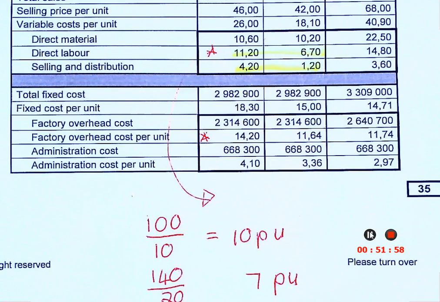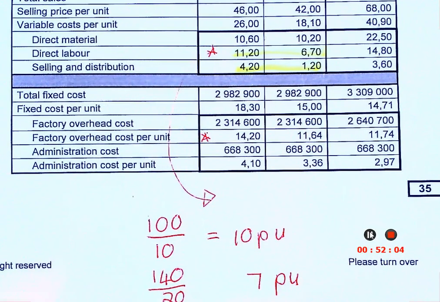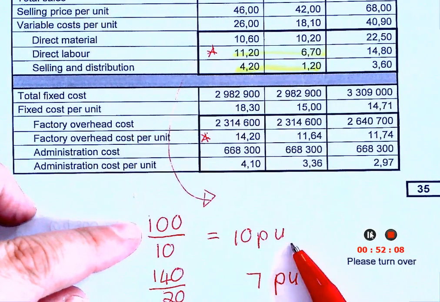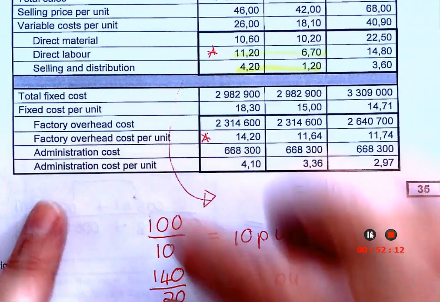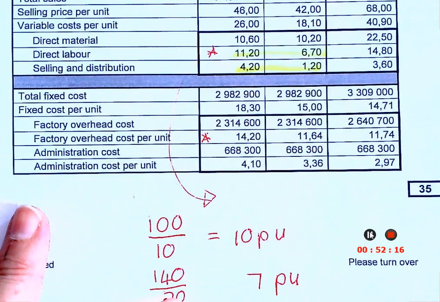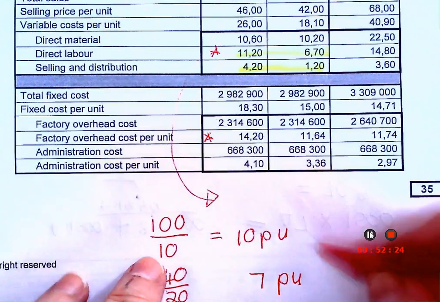Okay, so now I have to go look at the units I produced. In this case, the fixed cost was 100, but there were 10 units produced, so that gave me 10 per unit. Next year I produced 140. So if I just look at the 100 to 140, it looks like my fixed cost increased. I don't have good control. But if I go look, I see, oh, but I produced more units. So the per unit went down.